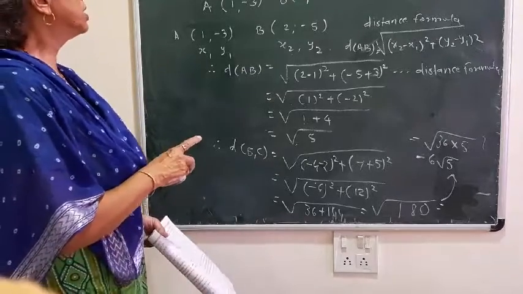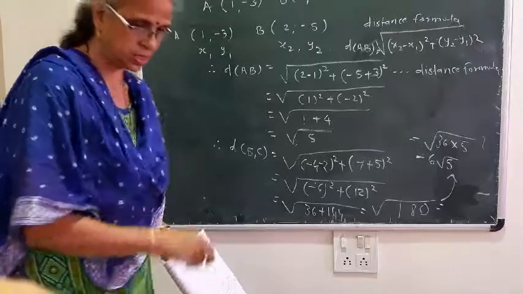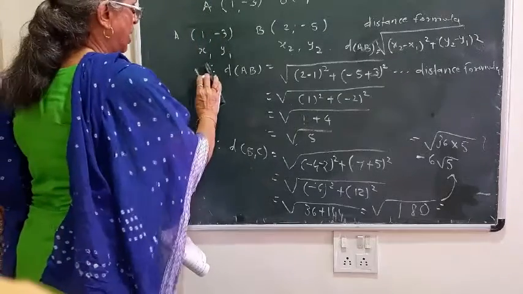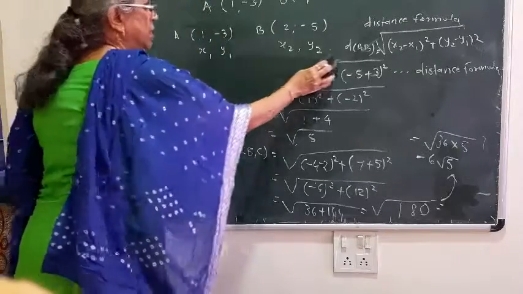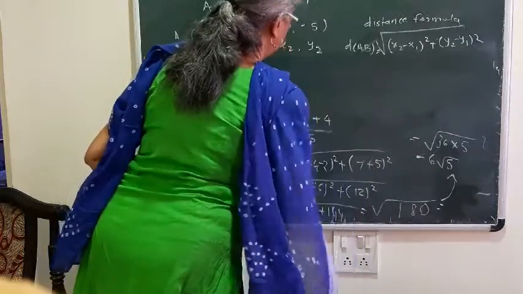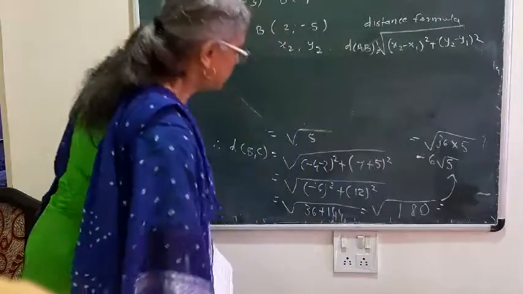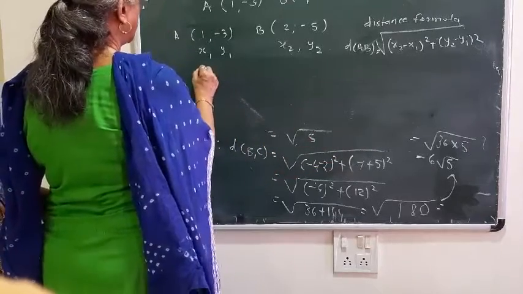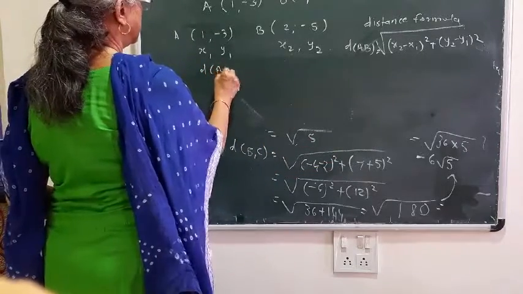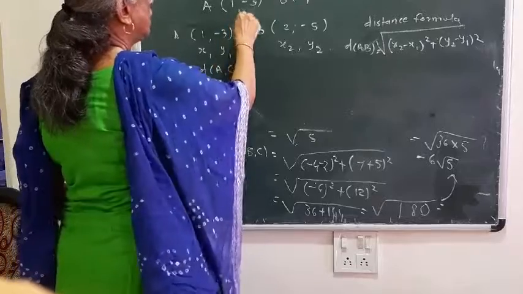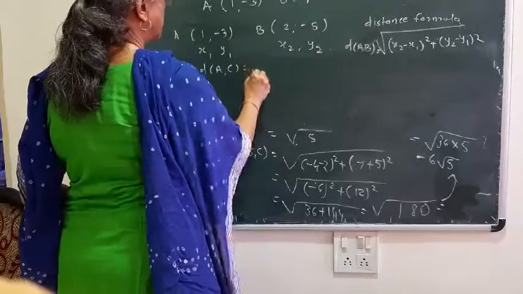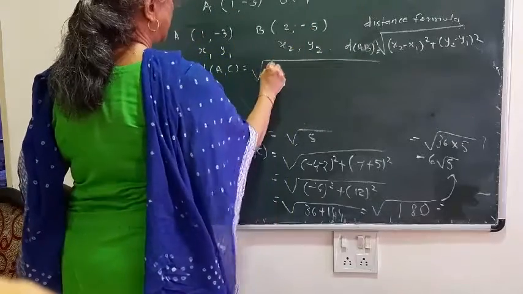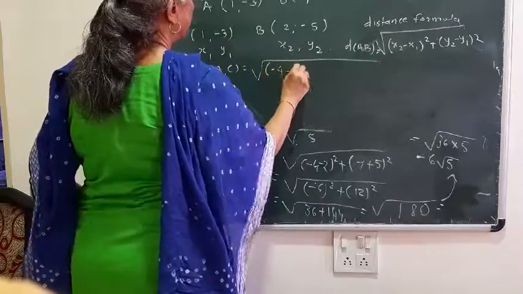Now which distance are we going to find out? DAC. We are going to find distance AC. So we have DAB root 5, DBC as 6 root 5. Now we are going to find DAC. So coordinates of A and C, you should focus on that. Here again x2 minus x1, minus 4 minus 1 bracket square.